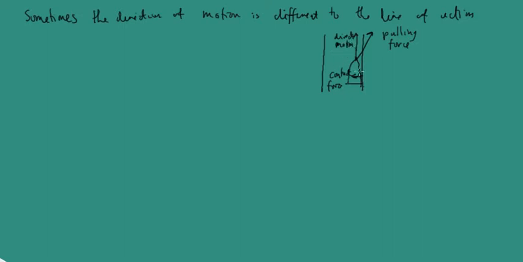So in this case, the line of action is in the same direction as the pulling force, but the motion is here. And so in this situation, we need to resolve the forces so we can calculate the work done. So we would resolve the components in the direction of motion and perpendicular to the direction of motion. So let's have a look at that.